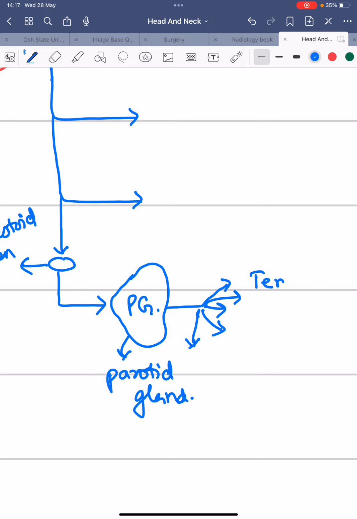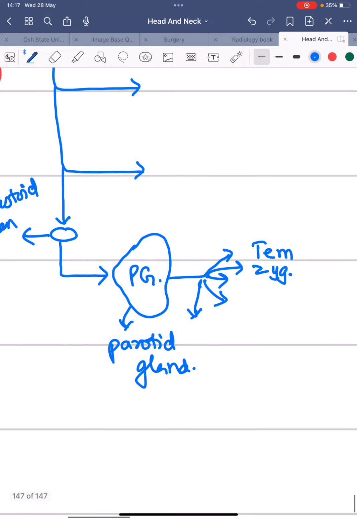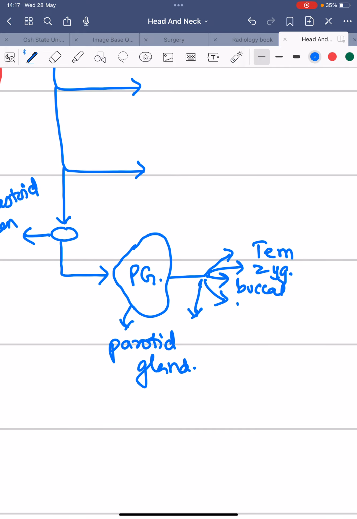Temporal branch, zygomatic branch, buccal branch, mandibular branch, and cervical branch. Okay.